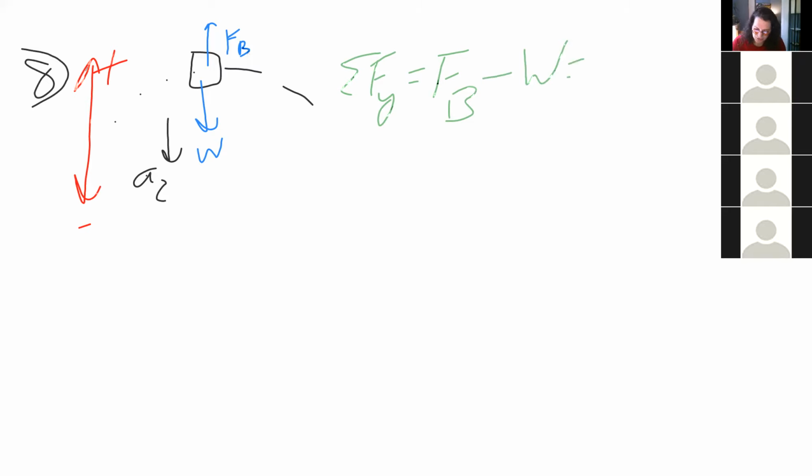We set this equal to the mass times the centripetal acceleration. What is the sign on my centripetal acceleration? If I'm using this convention here, downward is negative, my centripetal acceleration is pointing downward at the top of the circle. So I need to make this a negative centripetal acceleration.